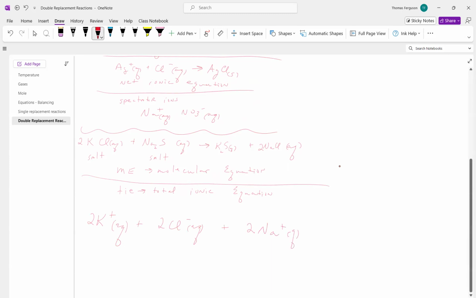Two sodiums. One sulfide. Should be Na2. Okay, so that's on the reactant side.